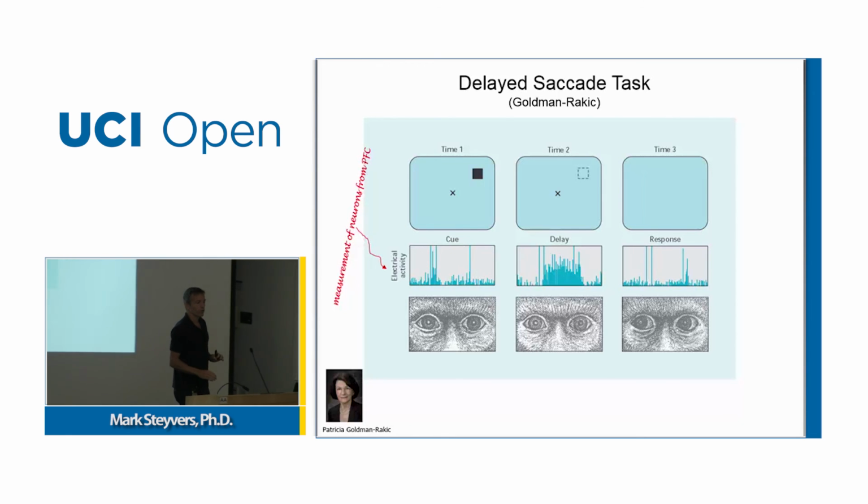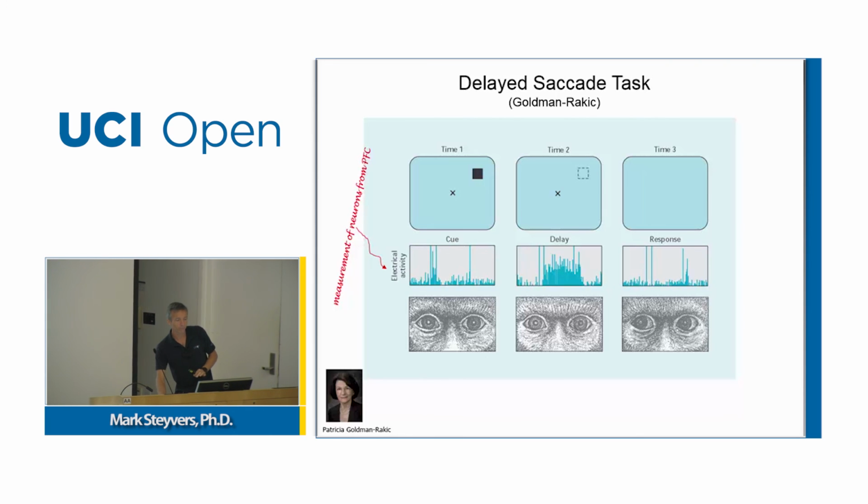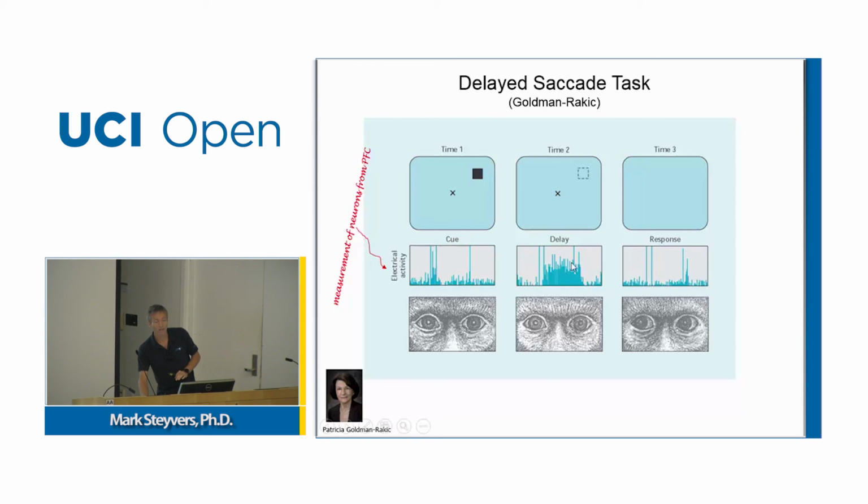Now this experiment shows that this particular set of neurons from prefrontal cortex does not respond when the stimulus is present. Right? There's a few spikes, but it's a pretty low response rate. It does respond at the time when the stimulus disappears, and the monkey is trying to remember where that stimulus is, or where it was, and this neuron is inactive again at the response time.